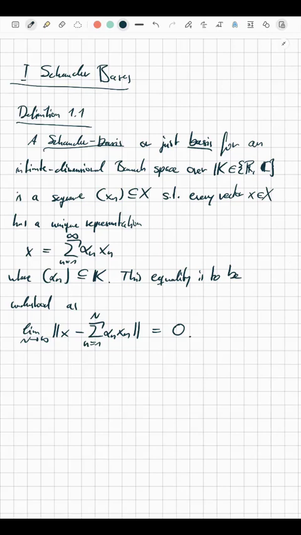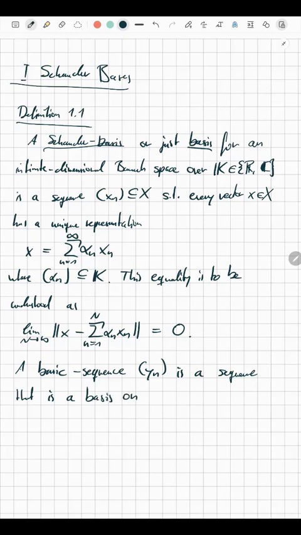And we further define a basic sequence to be a sequence that is a basis, a Schauder basis, on its closed linear hull, so on the closed span of the vectors.